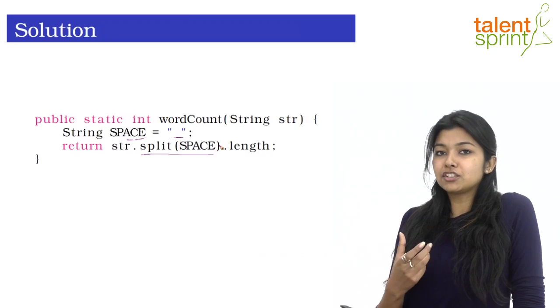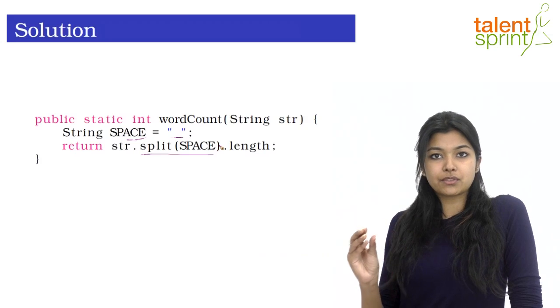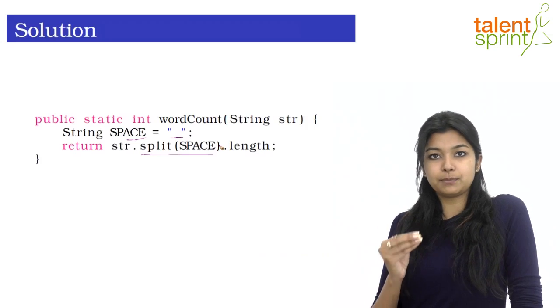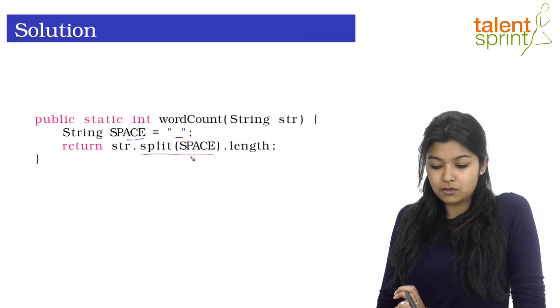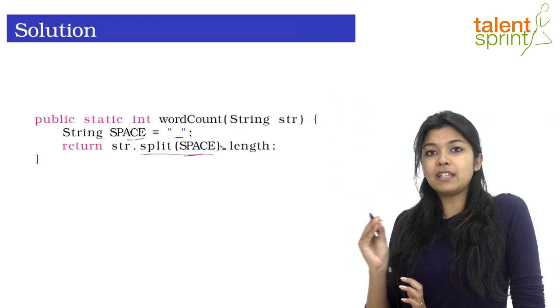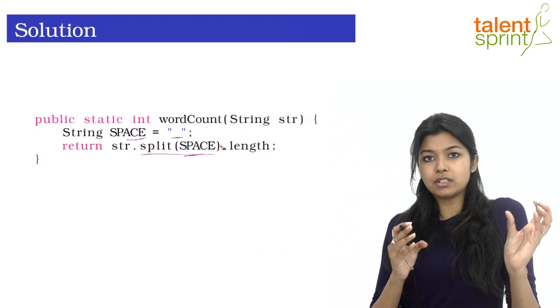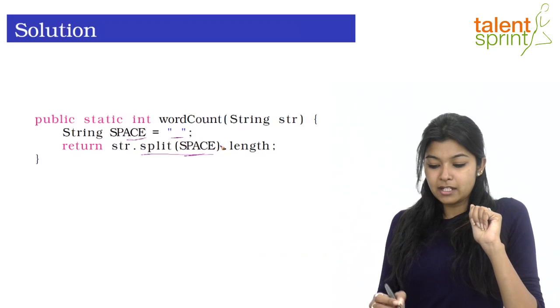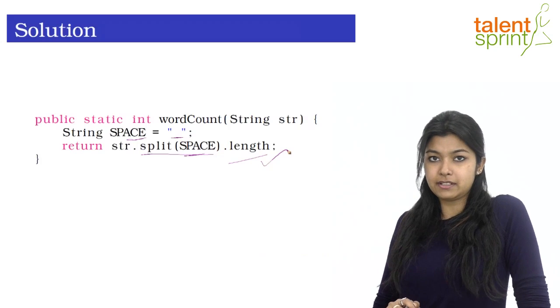Now what the split function does is, it breaks a string into substrings based on the given expression, which in our case is the space bar. So every time a space is encountered in the string, it will break it and store it in the array. And finally, the .length function will give us the number of words in that array.